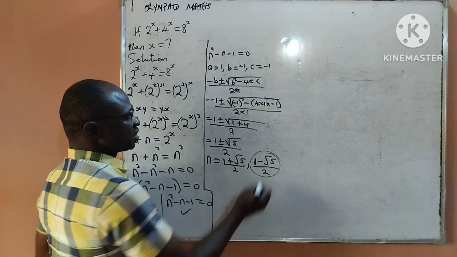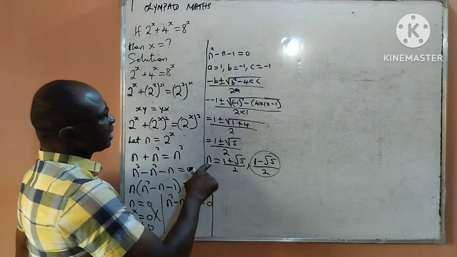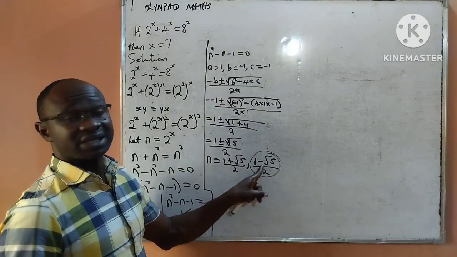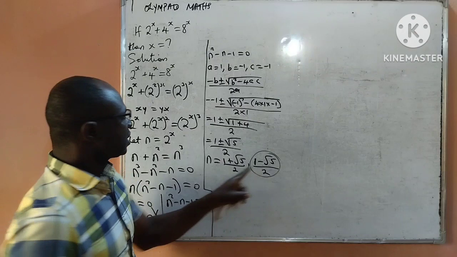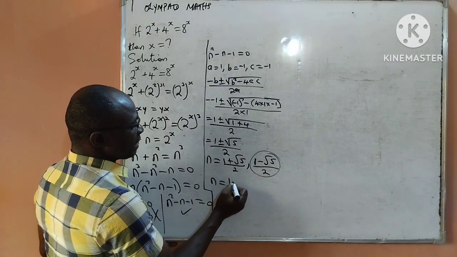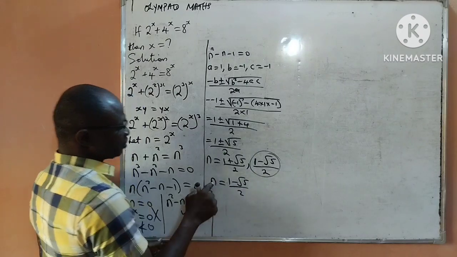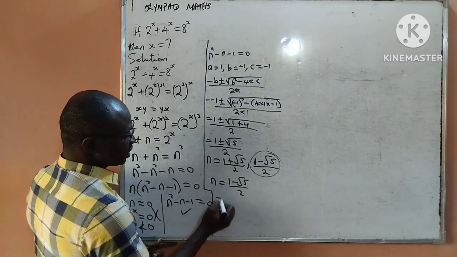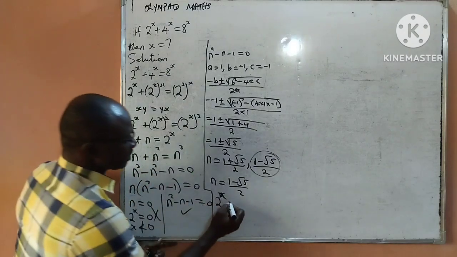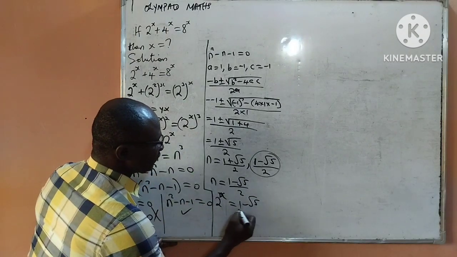But if you look at this, you see that 1 minus root 5 over 2 is a negative value. If we write n equal to 1 minus root 5 all over 2, and we place the value of n as 2 raised to the power x, then 2 raised to the power x equals 1 minus root 5 over 2.